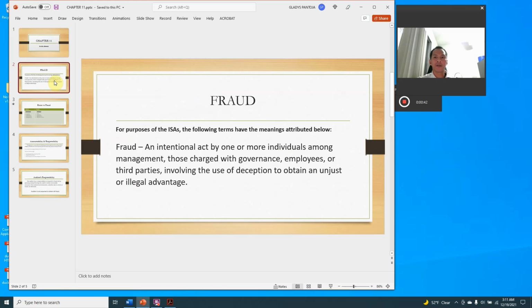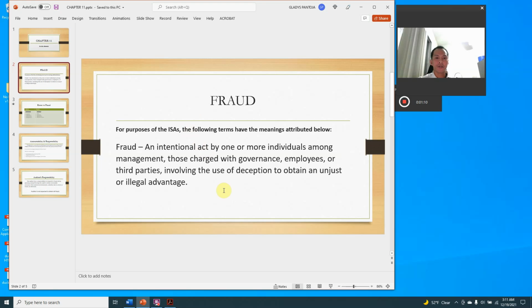Fraud here, according to ISA, the International Standard on Auditing, says that fraud is an intentional act by one or more individuals among management, those charged with governance, employees, or third parties, involving the use of deception to obtain an unjust or illegal advantage.